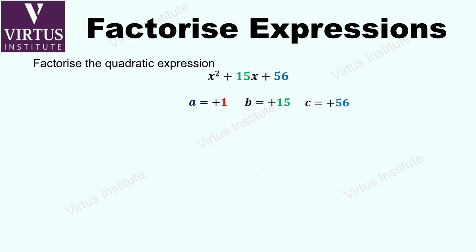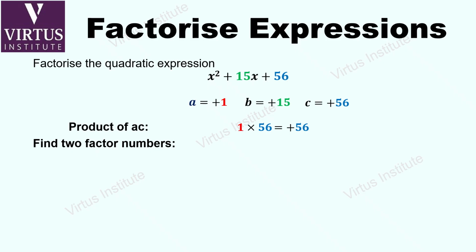To factorize, we need to find two numbers that multiply to give 56 and add to give 15. Let's look at the factor pairs of 56.